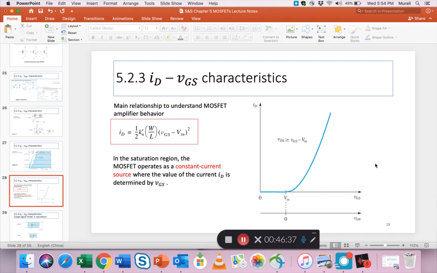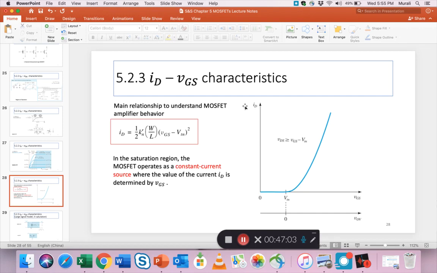Okay, so assuming VDS is fixed at a certain value, VDS has to be greater than the over voltage value. As long as we are above that, which means we are in saturation, this is the shape of the relationship between VGS and ID.